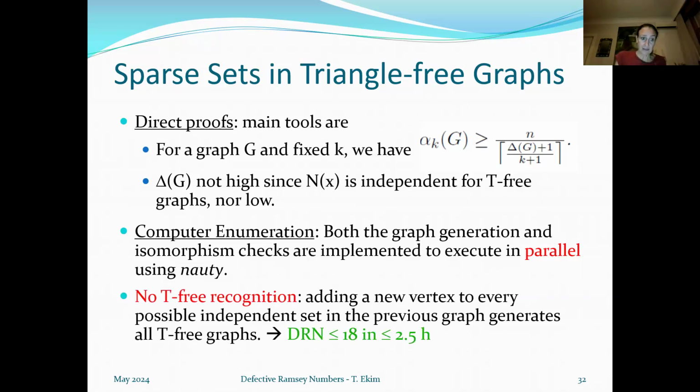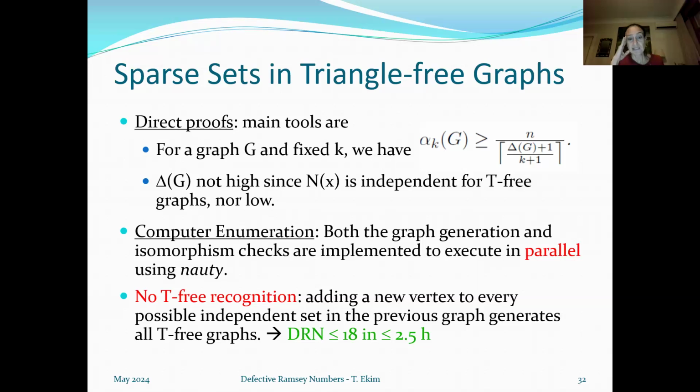And there's no triangle-free recognition phase again. Well, you have a graph with desired properties. Now you add a new vertex in all possible ways, but you don't want triangles. All you need to do is to select the neighborhood of the new vertex as an independent set, because as soon as there's an edge in its neighborhood, when you make the vertex adjacent to both endpoints of this edge, you will get a triangle.